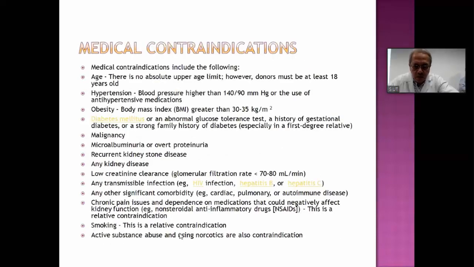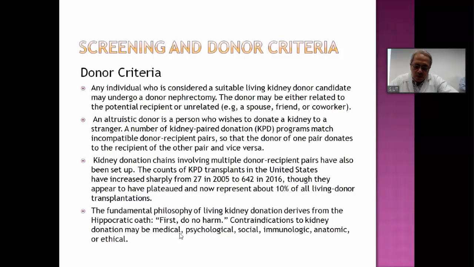Just a minute, go back to the last slide. This whole chapter of donor selection, and the criteria for selecting and rejecting a donor, has to be looked at from two different angles.